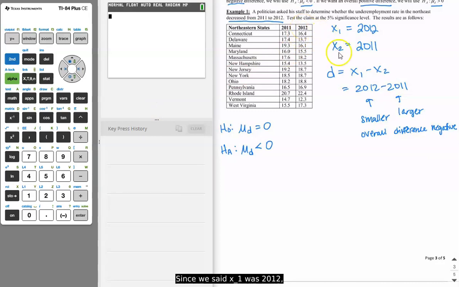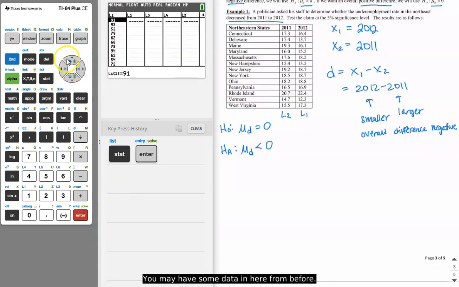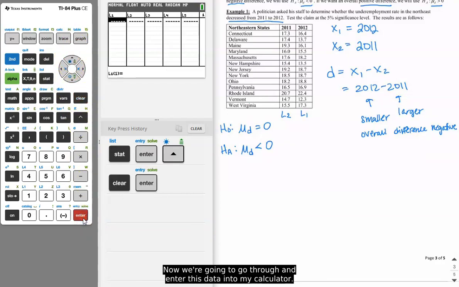Since we said X1 was 2012, we're going to type this data into L1, and 2011 is going to be L2. So I'm going to hit my stat button and edit, and you may have some data in here from before, so we'll just arrow up and clear anything out. Now we're going to enter this data into my calculator.